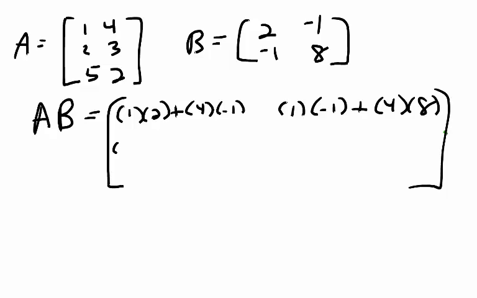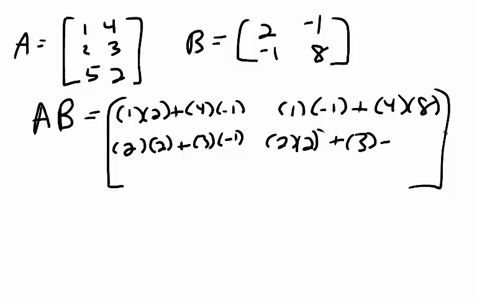Going to row 2, column 1, I have 2 times 2 plus 3 times -1.